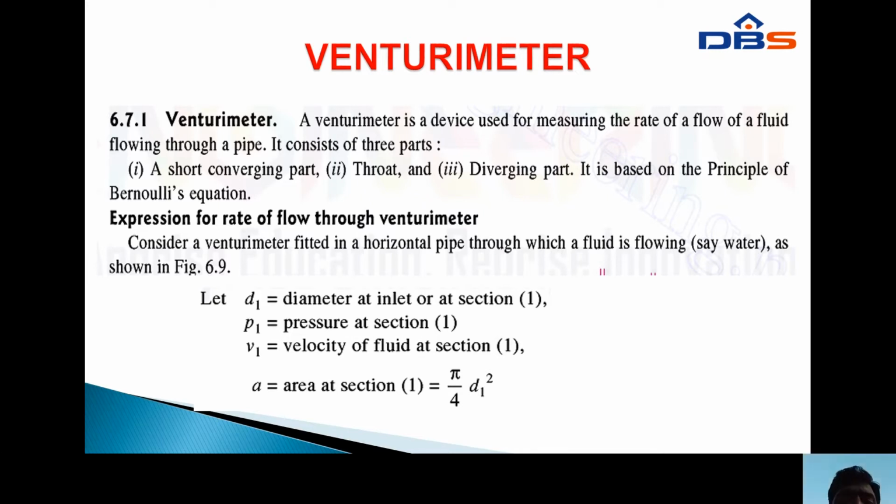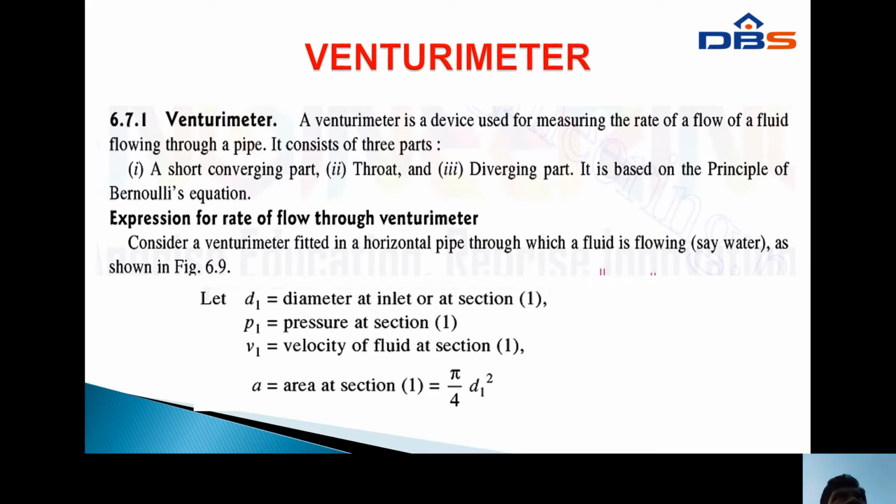In this derivation, let small d1 be the diameter at the inlet at section 1, P1 the pressure at section 1, V1 the velocity of fluid at section 1, and A1 the area at section 1.